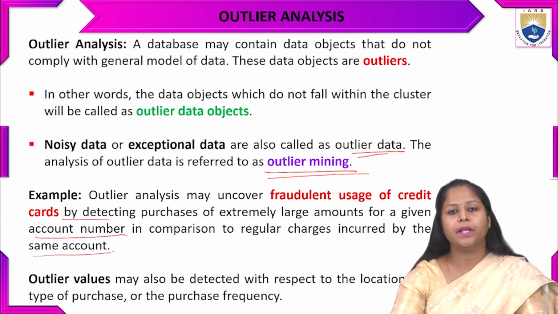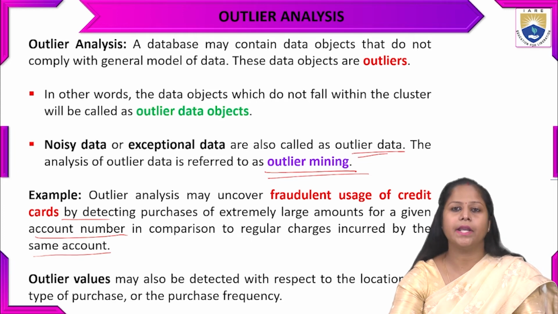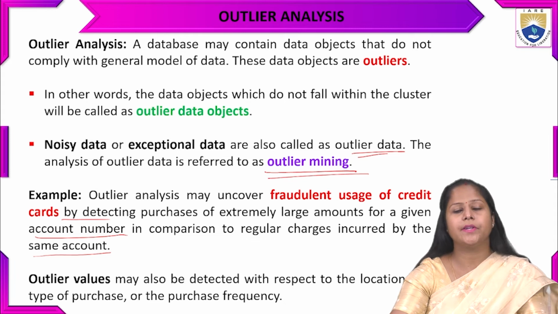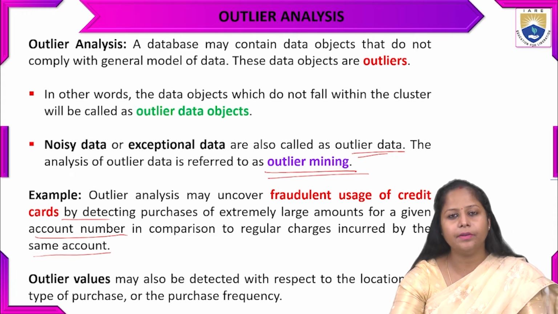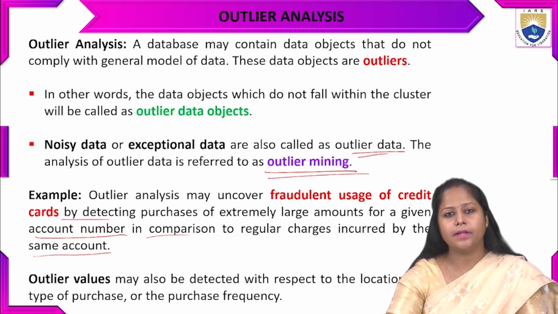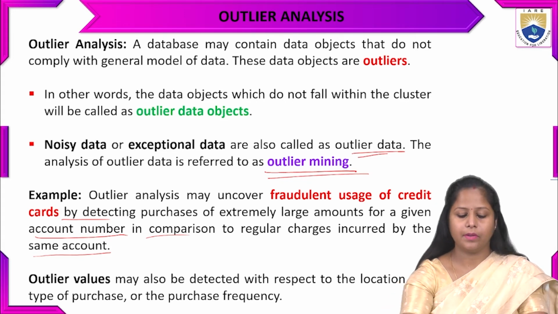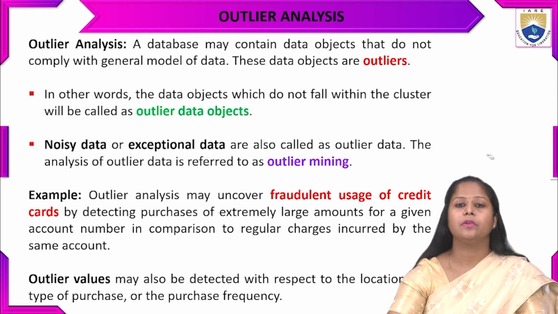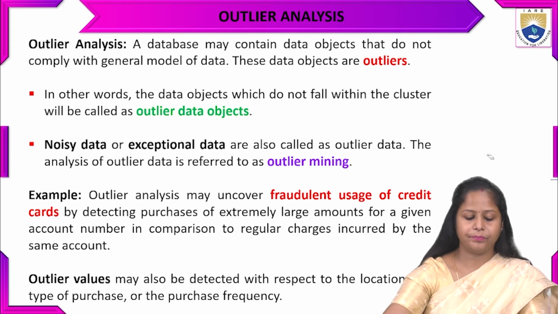So if there is a possibility of fraud, we can use outlier analysis and discover the purchase of an extremely large amount for a given account number by comparing it with the regular charges incurred by the same bank account. So here that is called an outlier, and we have to do the outlier analysis.